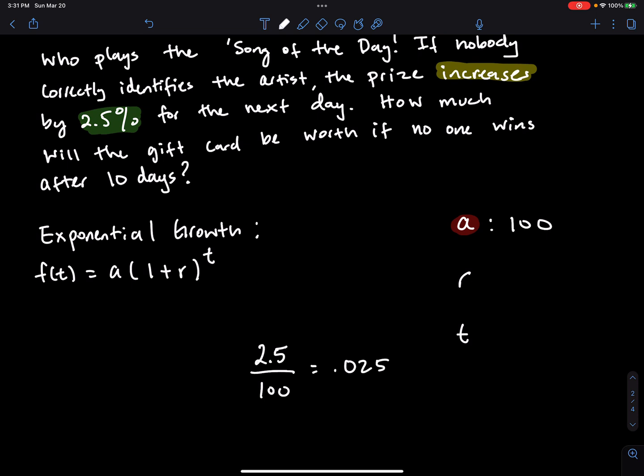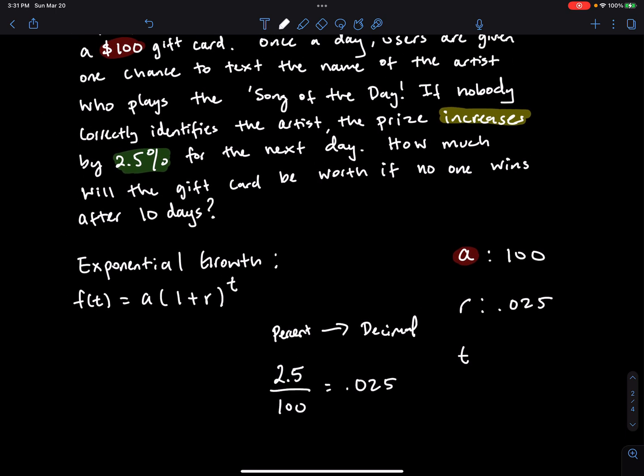I just turned this from a percent into a decimal. So my decimal, or my rate, is 0.025. And then my time is 10, because it says how much will the gift card be worth if no one wins after 10 days.